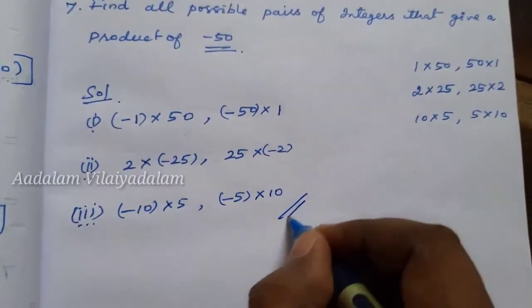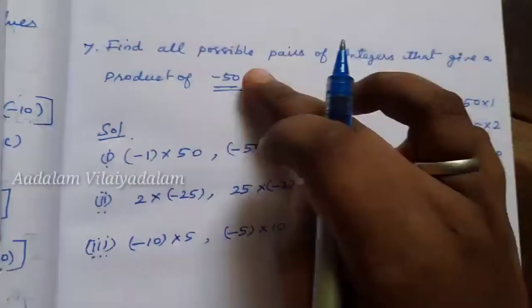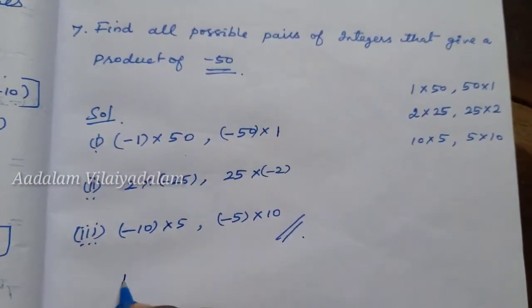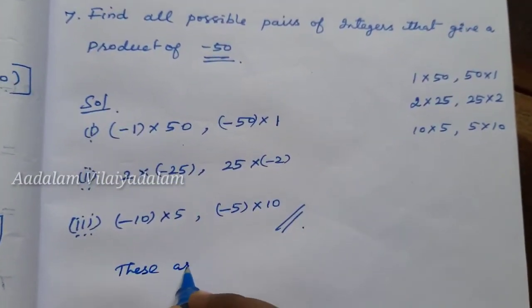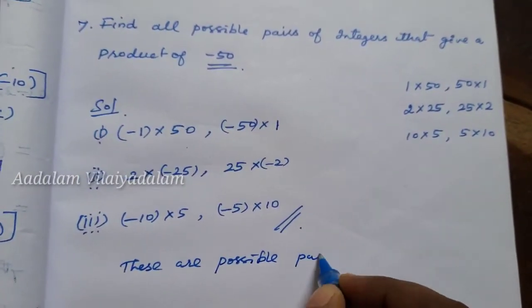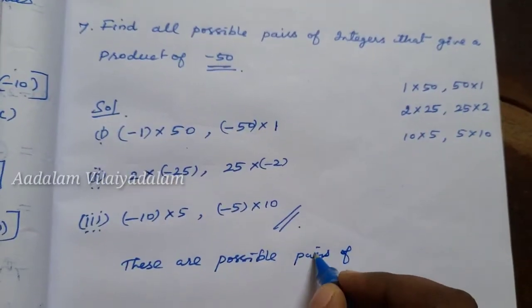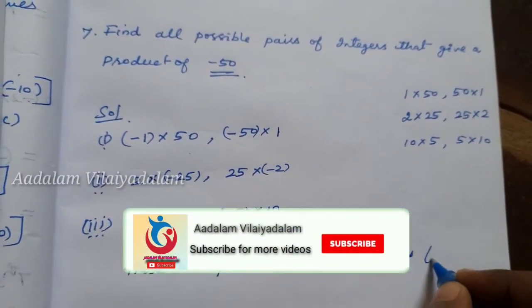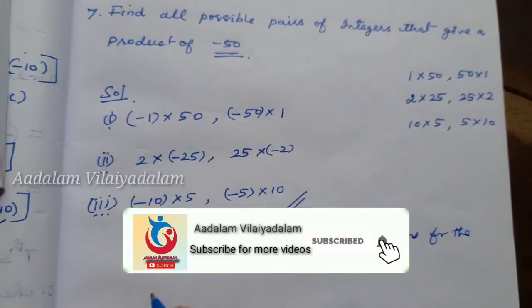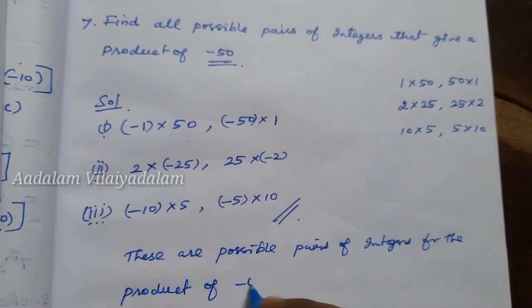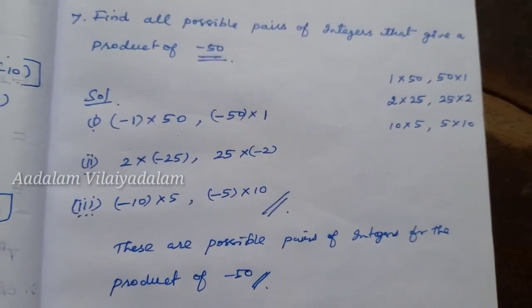So these are the possible pairs of integers for the product of minus 50. That's all the answer.